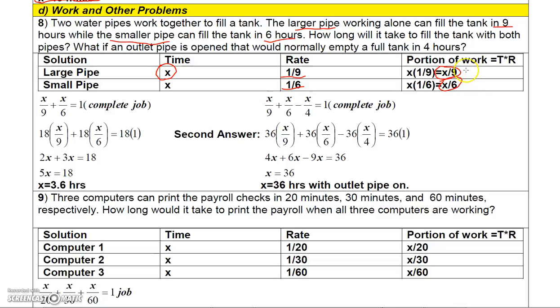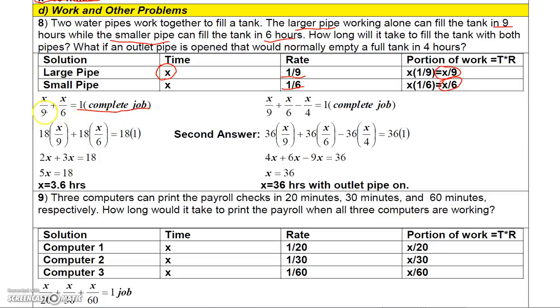So if this did 1/3 of the job, then this had to do 2/3 of the job. Or if this did 1/2 of the job, this had to do half of the job. Or if this did 3/4 of the job, this guy has to do 1/4 of the job. So what I'm trying to point out to you is that when you add these two portions together, they should equal one complete job or one whole job.